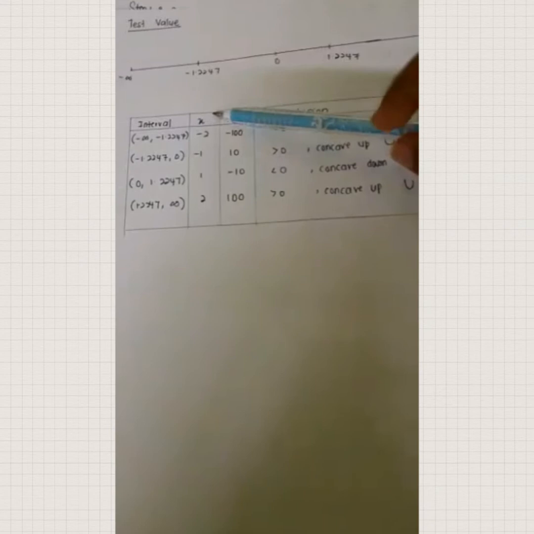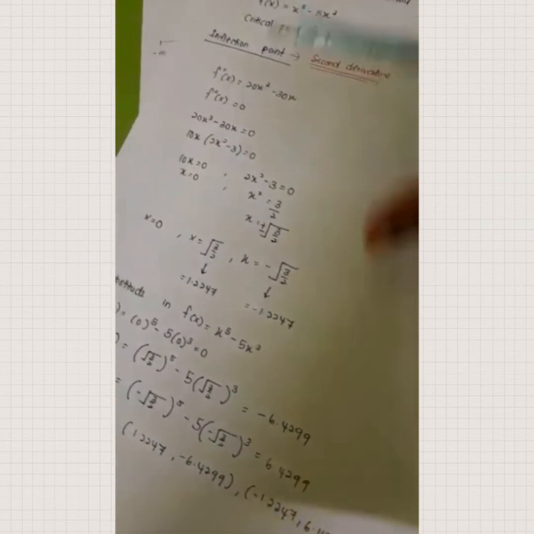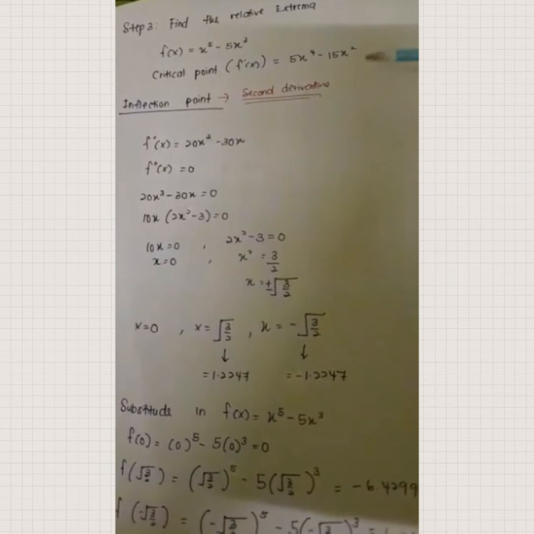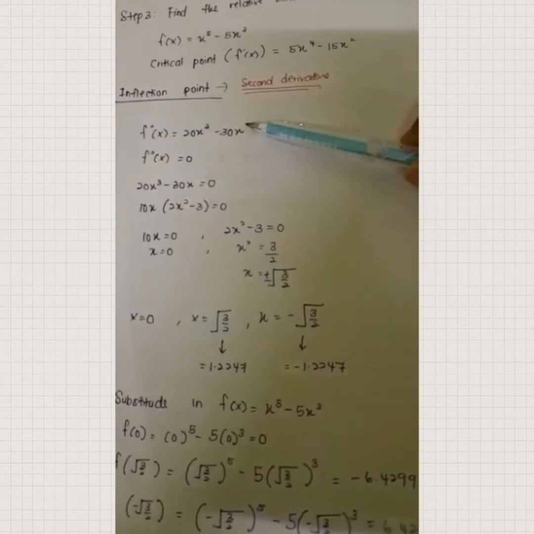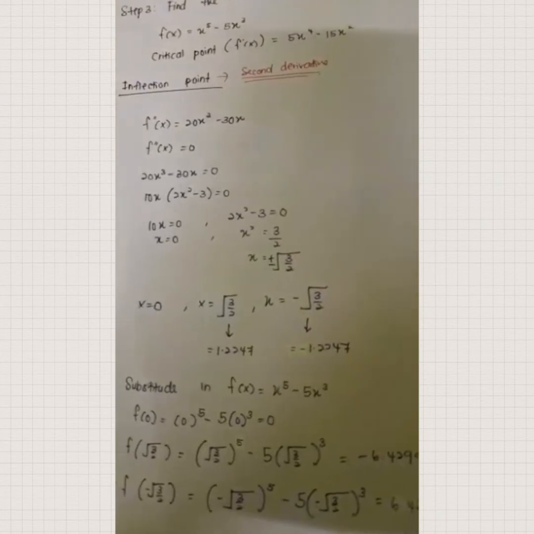Then we substitute the x values into the second derivative function. We get negative 100, 10, negative 10, 100.